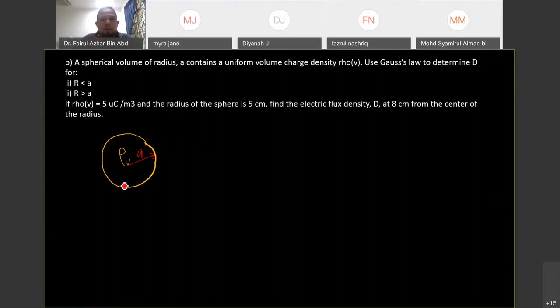Because we deal with a spherical shape, first, the equation of Gauss's law is like this: the closed surface integration of D dot dS is equal to Q. In this case, the value of Q is represented using the volume charge density.